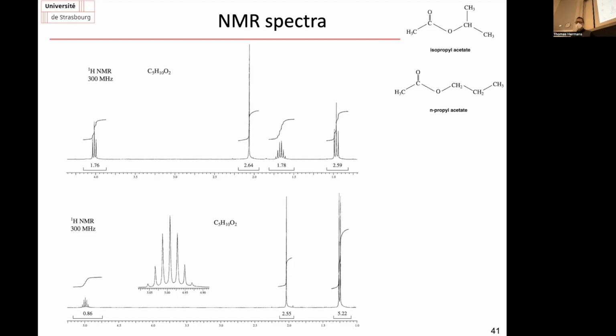Now, which spectrum belongs to which compound? It's pretty easy if you look at the splitting. Oh, my pointer died. Pointer's giving up. It's too late.